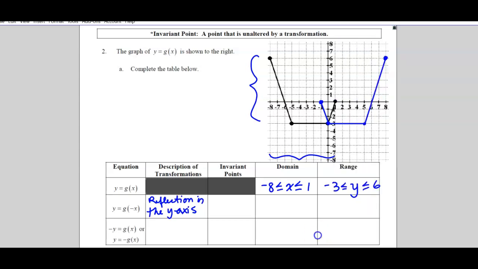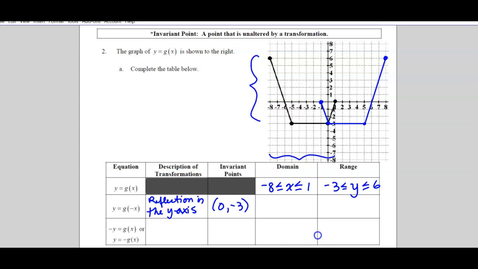Okay, so you can see how it's reflected in the y-axis. The point that did not move, based on this transformation, is this point here. So there's just one that didn't move, and it's 0, negative 3. So you give the coordinates of that point.